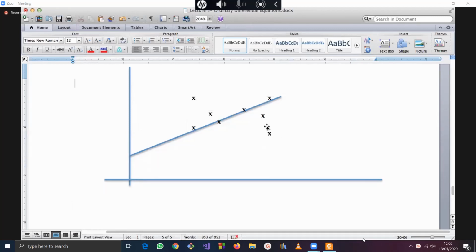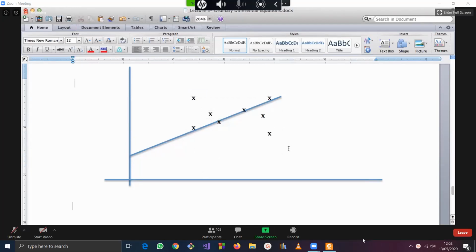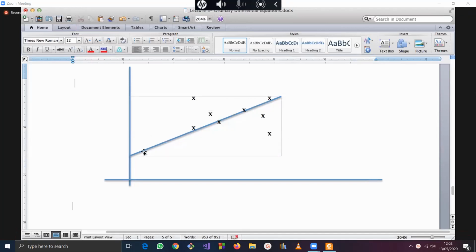So what it means is that this is what we call the best line of fit. The best line of fit means it doesn't have to pass through all the points, but it can pass through the middle of this. So in this, therefore, we want to check, and for you to produce this line, you must use an equation. And that equation is what we are calling a regression equation or your model.